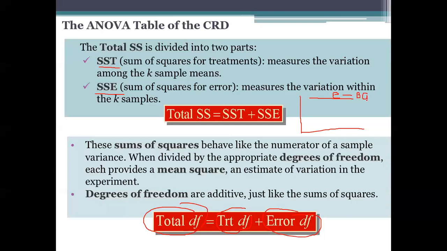And this side will give you the degree of freedom of the denominator, which refers to the degree of freedom within groups. So the numerator here refers to the degree of freedom between groups, and the denominator refers to the degree of freedom within groups.